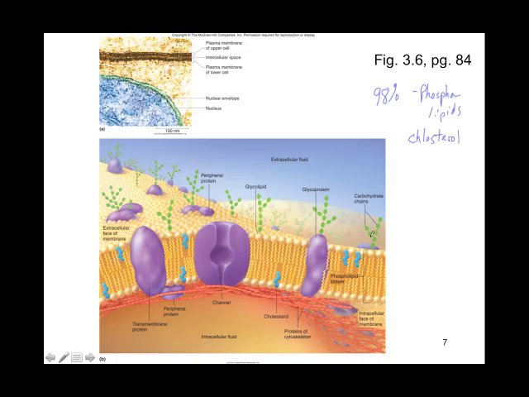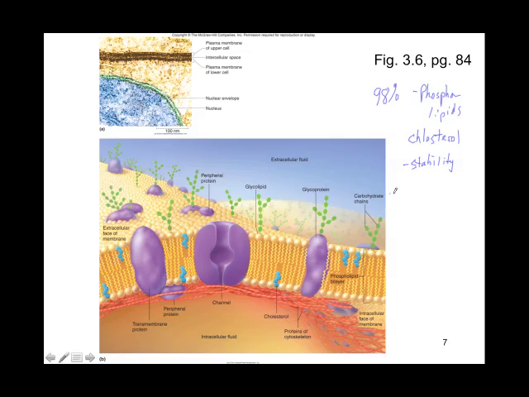And cholesterol is important because it actually adds stability to that plasma membrane. It kind of holds things together. Otherwise, this plasma membrane would be very, very soupy and would break apart very easily. So this adds some rigidity to that plasma membrane.